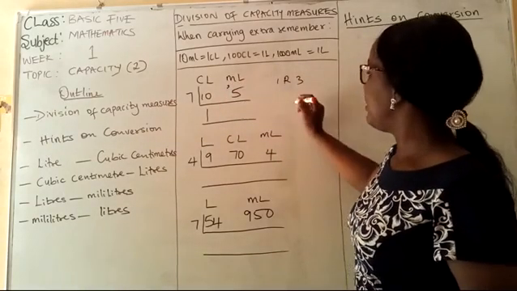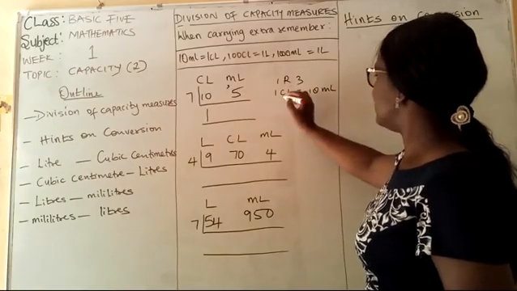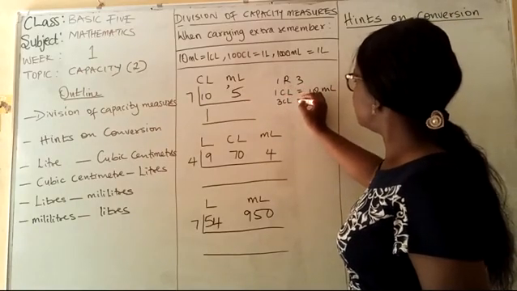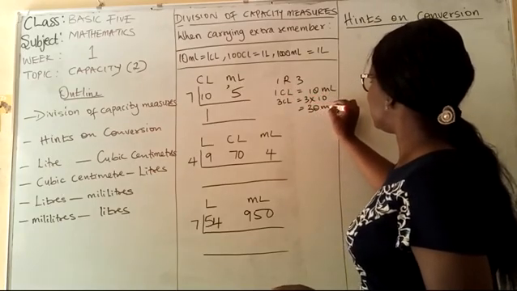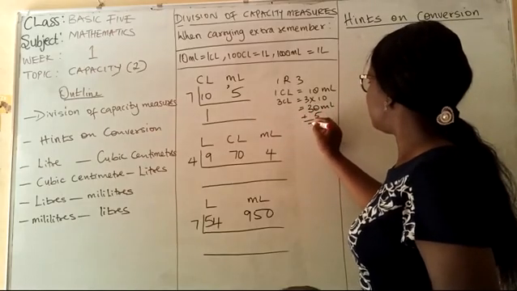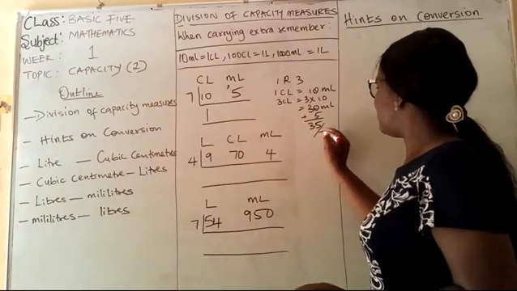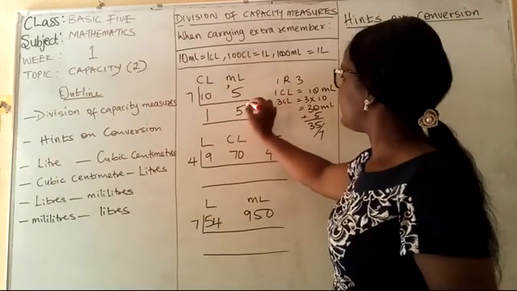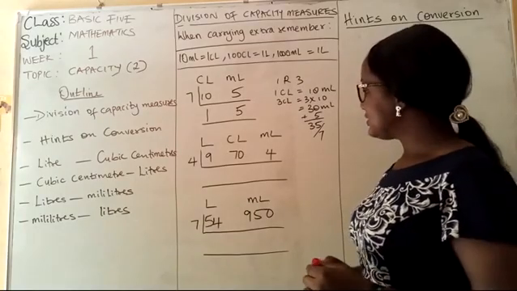Now that 3, remember, 1 cl equals what? 10 milliliter. So 3 cl will be what? 3 times 10. That is 30 milliliter. Now this 30 plus what we have here, 5, will be giving you what? 35. Now 7 into 35 will be giving you what? 5. Is that clear? Okay, let's solve the next one.